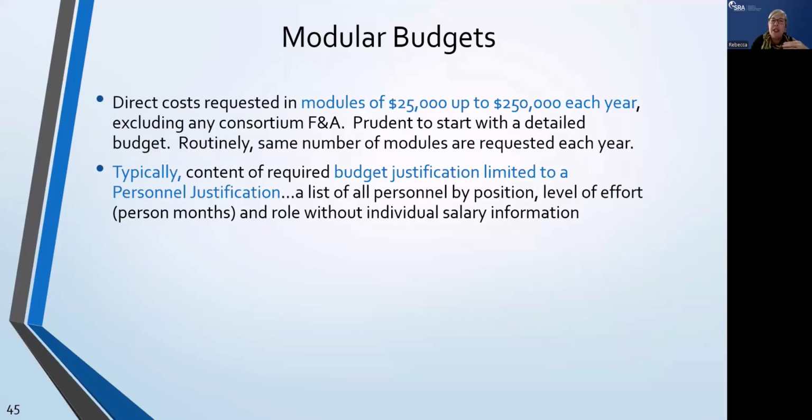And that budget justification, as good research administrators, you want to have thorough budget justifications on everything. This is when you want to say less. You want to have the personnel justification listed, with roles, but not individual salary information.